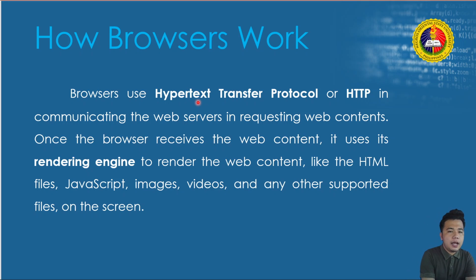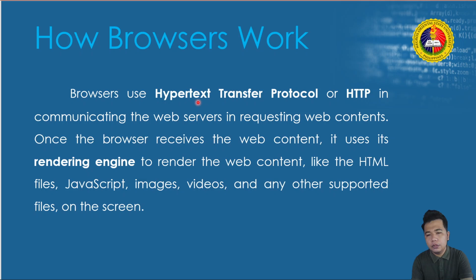Browsers use Hypertext Transfer Protocol or HTTP in communicating with the web servers in requesting web contents. Once the browser receives the web content from the web server, it uses its rendering engine to render the web content like the HTML files, JavaScript, images, videos, and any other supported files on the screen.